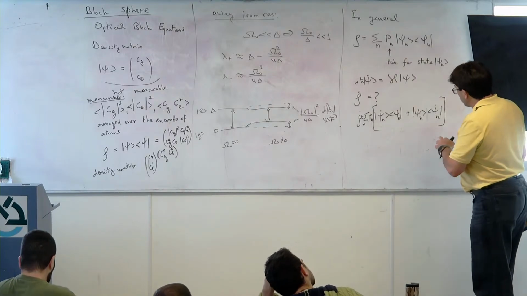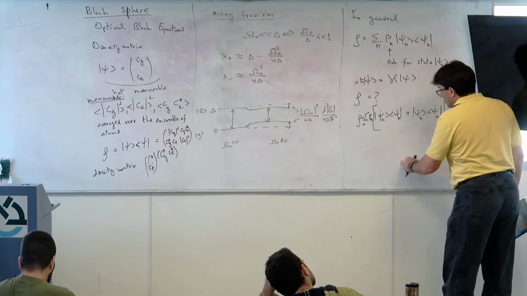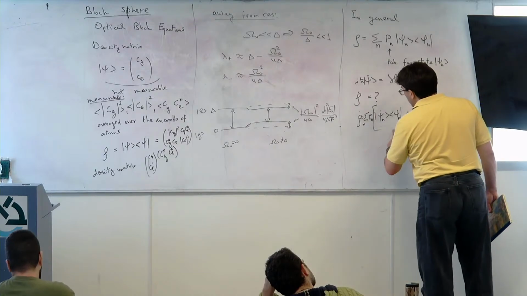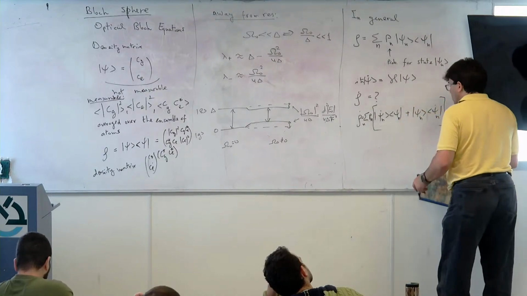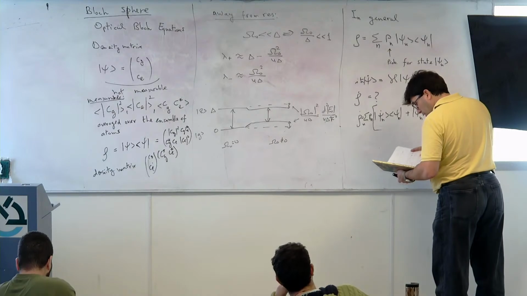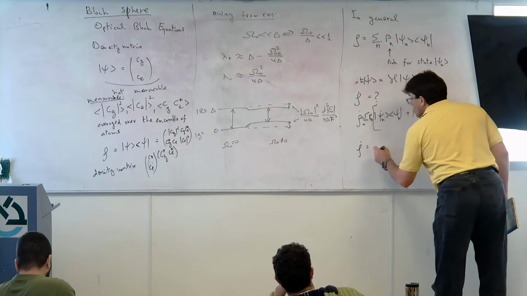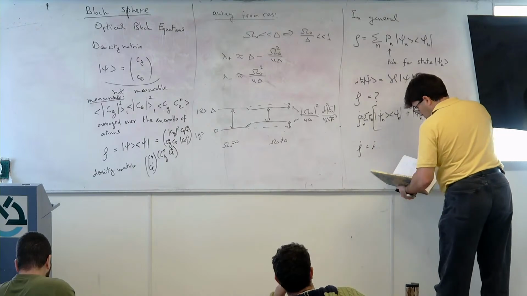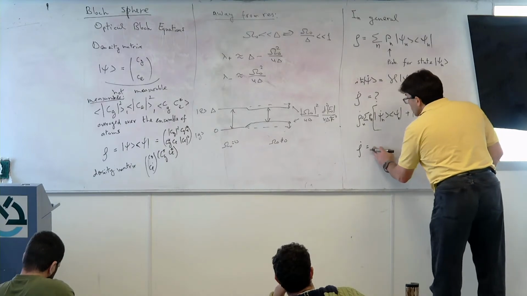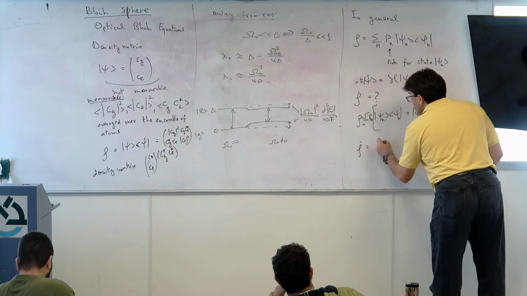I can write that, and basically what will happen is that we will find that rho dot is just simply this, 1 over i h bar.